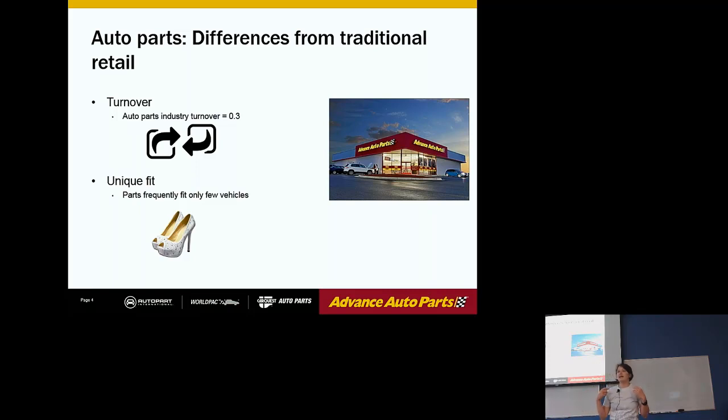If we were a shoe store, we would be in the business of selling glass slippers, because every person who comes and tells us, I have a Nissan Rogue 2016, I need a water pump, we enter that, and probably there will be one item in the store that fits that. So it's a pretty unique fit for our customer.